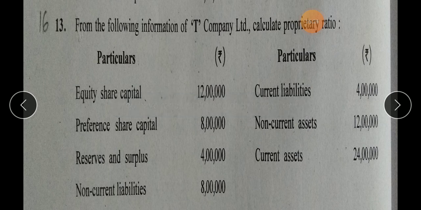Yes. So question number 13 from exercise asks you to calculate proprietary ratio. Yes, you are provided with all the required information in this question and you will calculate proprietary ratio on the basis of the same. Yes, you can see equity share, preference share, reserves and surplus. With this you will obtain owner's fund on the basis of liabilities approach.